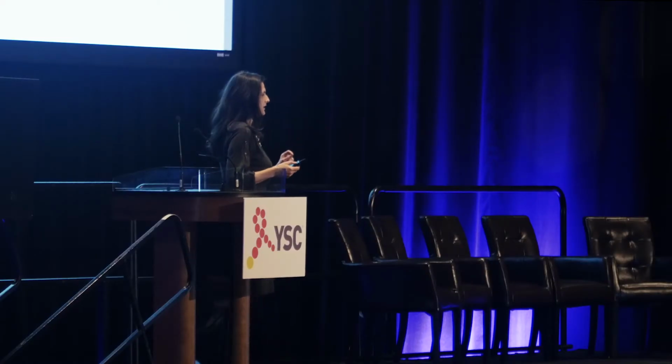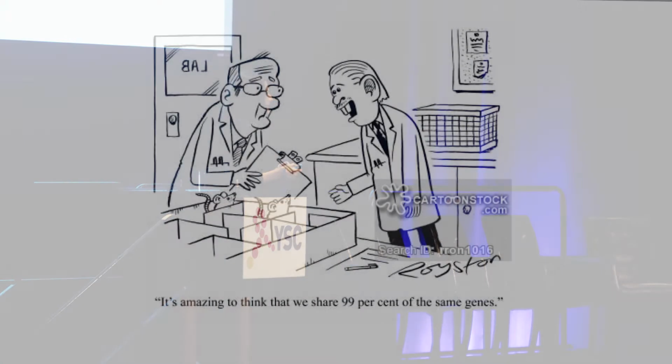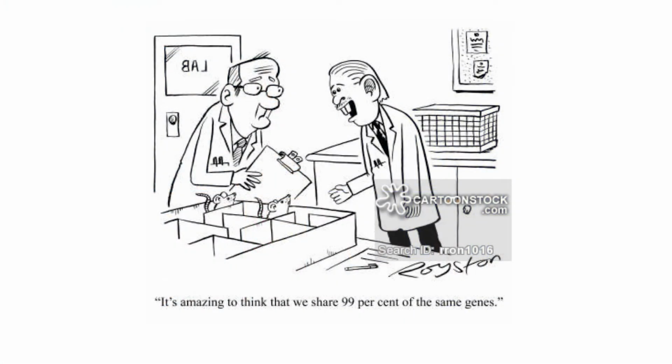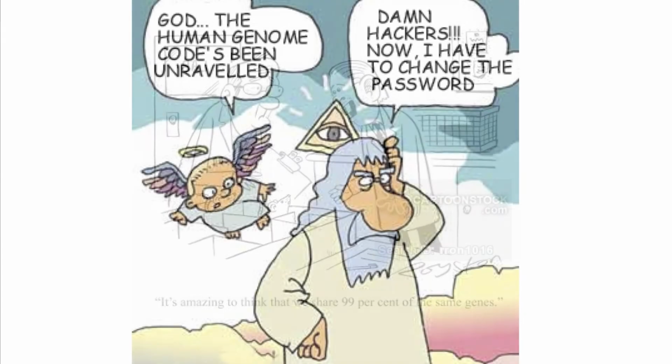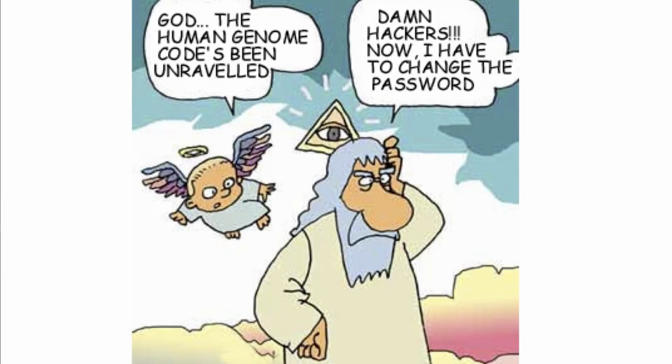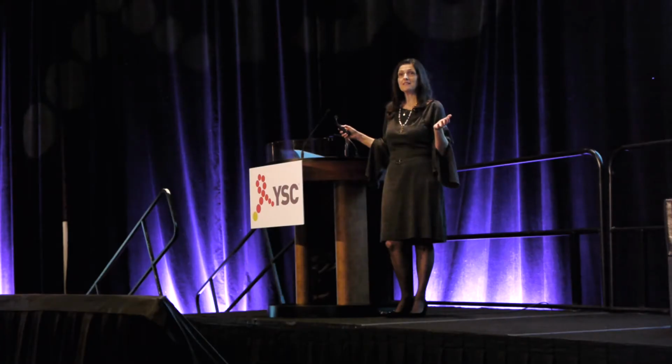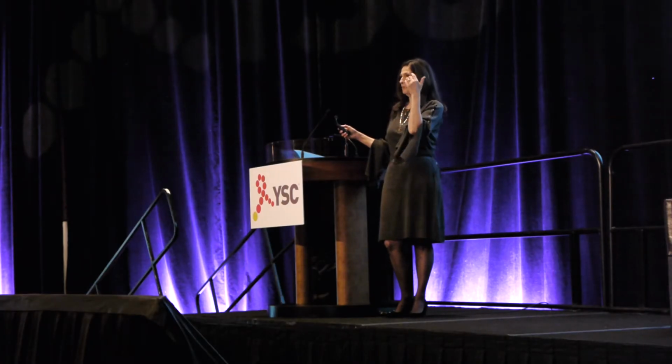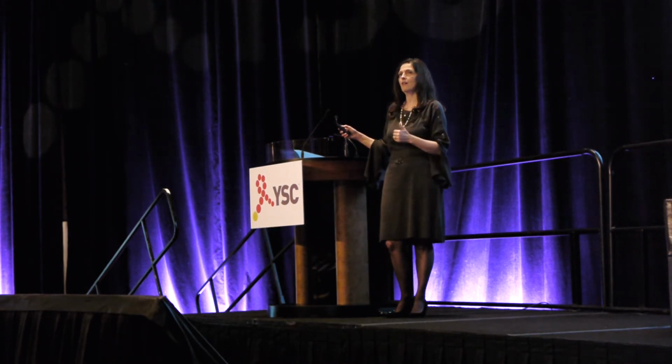Now, I want to just reiterate that we share 99% of the same genes amongst all people. You know that the Human Genome Project was a major undertaking, and it was actually completed before it was planned, with the improving technology while the project was going on.